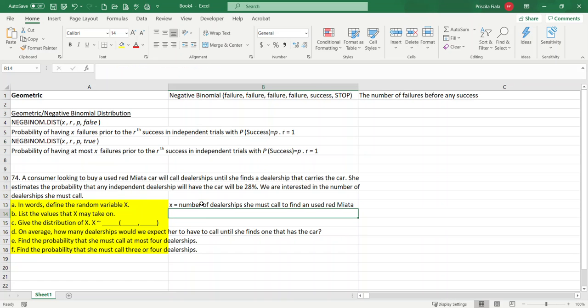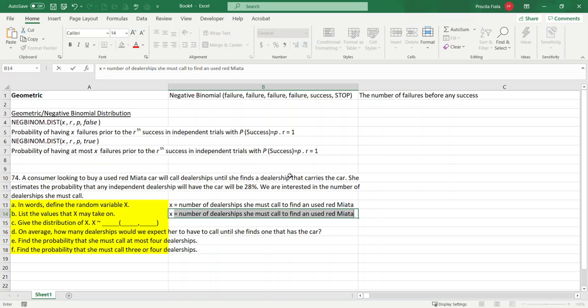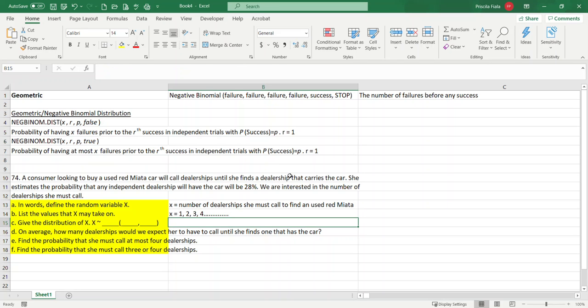Okay, so the values that it may take, well, she needs to call until she finds one. So really, she can call one. X can be one, two, three, four, infinite. So we don't have a maximum amount.